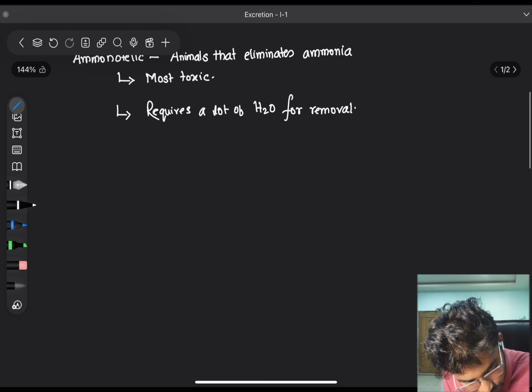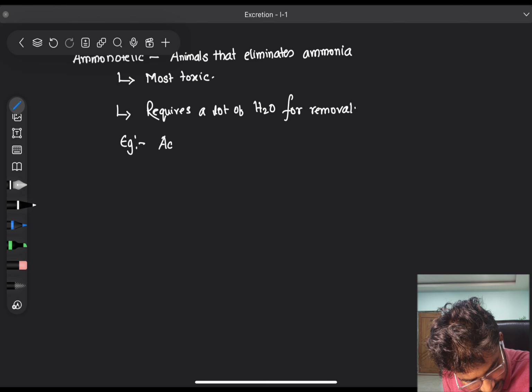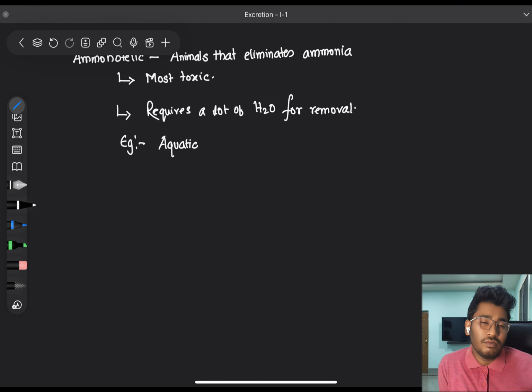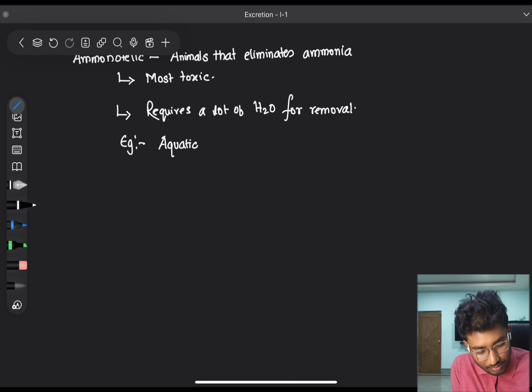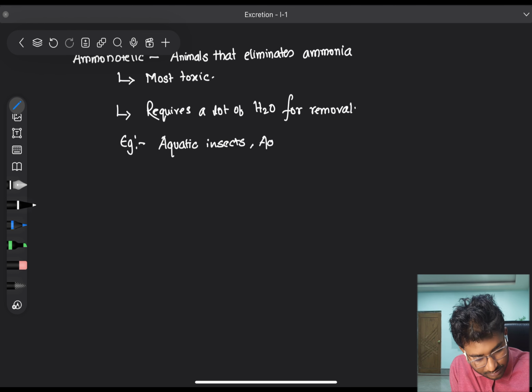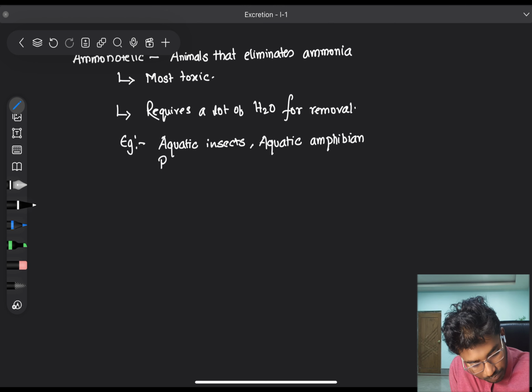Examples: aquatic insects, aquatic amphibians, and bony fishes. We generally find that ammonotelic animals are those that live in water.